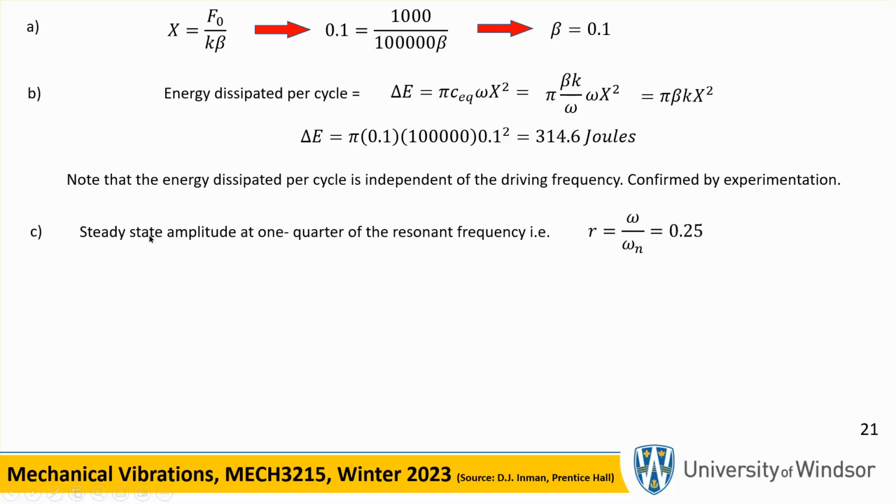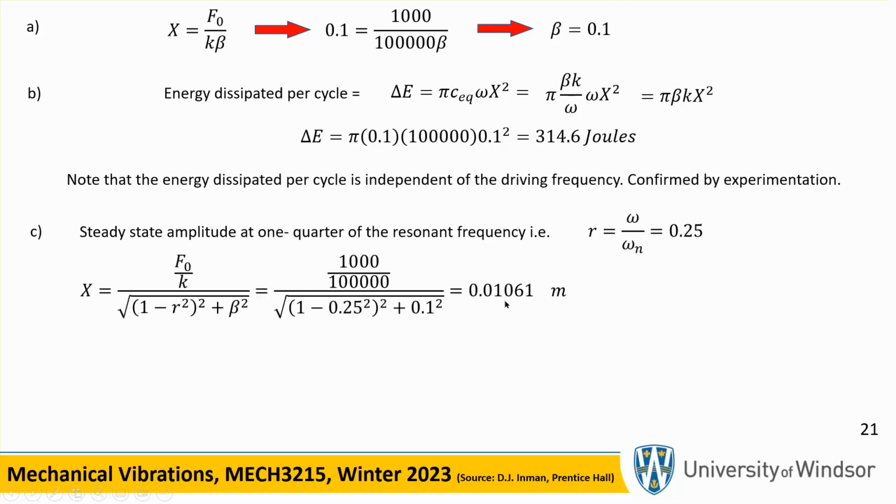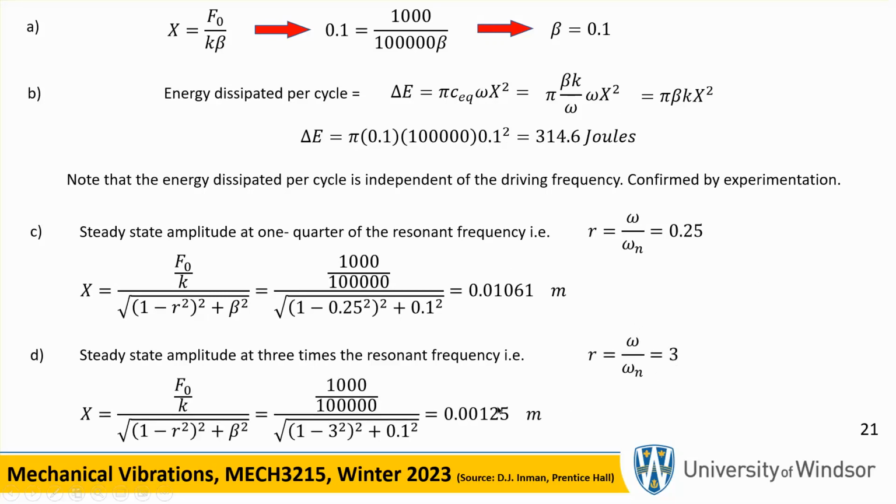Now, it says, what if R was 0.25? You basically repeat this whole thing. Notice that the amplitude, instead of being 0.1, is a lot smaller, 10 times smaller. And at 3 times resonance, it is also going to be smaller, 100 times smaller. So there we are.